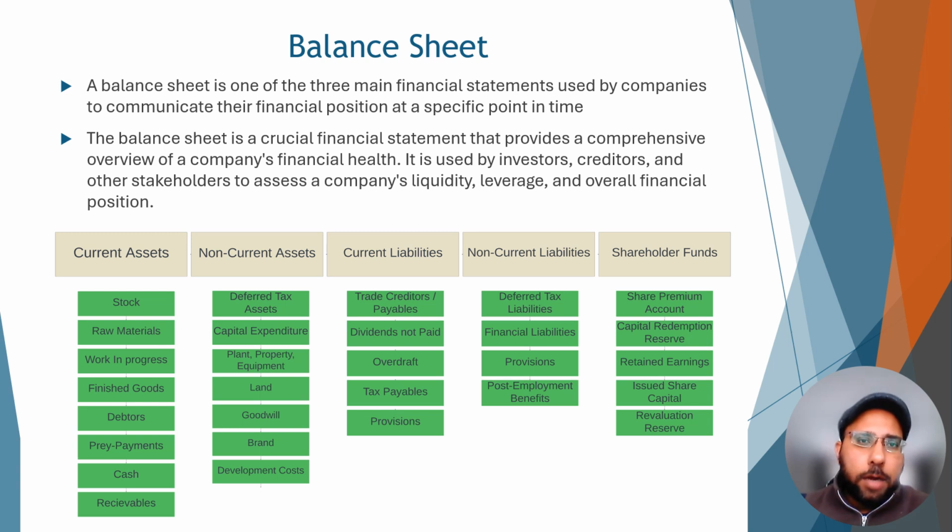So when we talk about current assets, these are assets that a company expects or can convert into cash or use within 1 year of its operating cycle. Okay, so these are assets that can be converted into cash within a year. These assets are crucial for a company's day-to-day operations and the liquidity management overall.